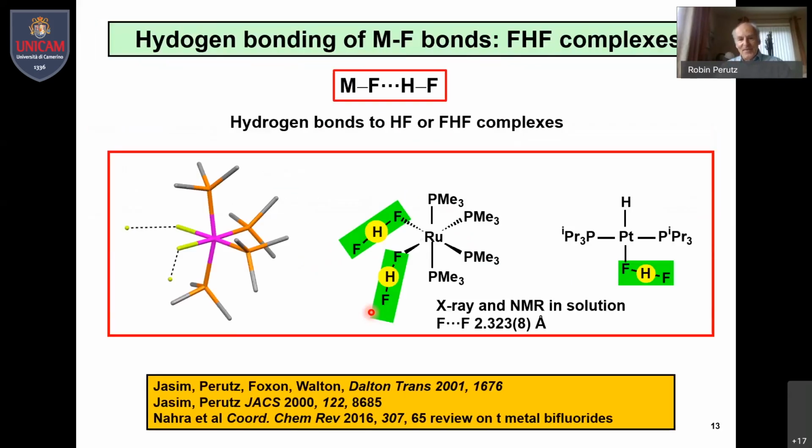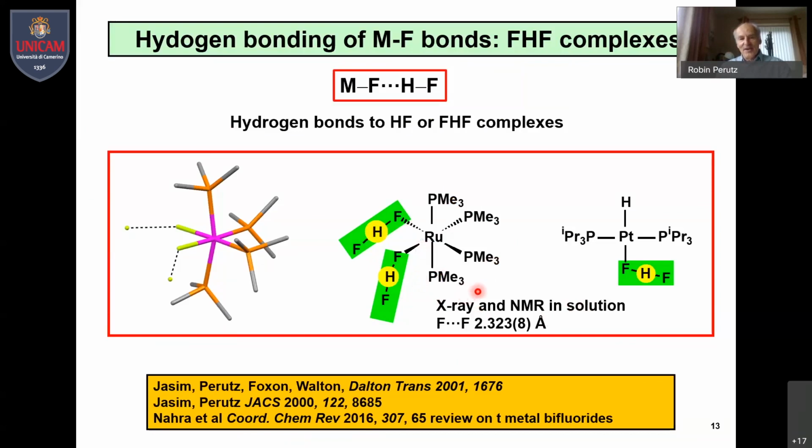So here we go back to that first example, drawn a bit differently here, ruthenium tetrakis trimethylphosphine. And here I've drawn the ligands as FHF. So we have a choice in how we describe these.